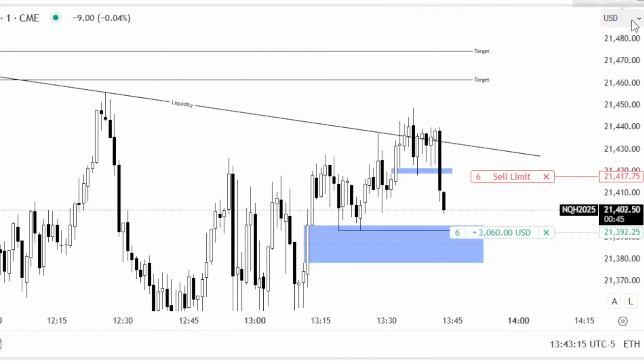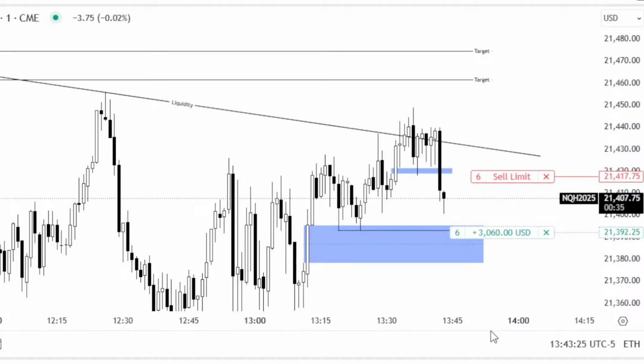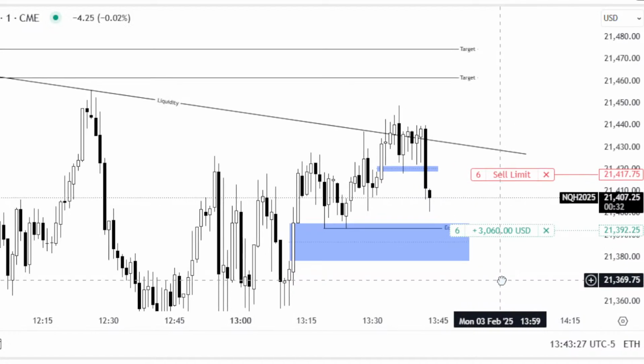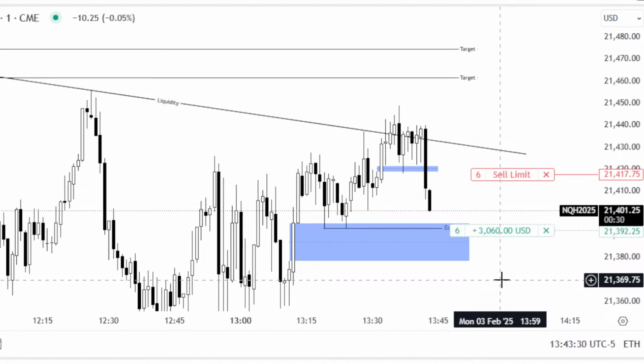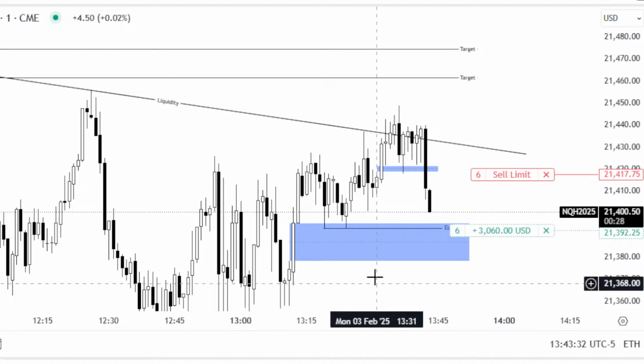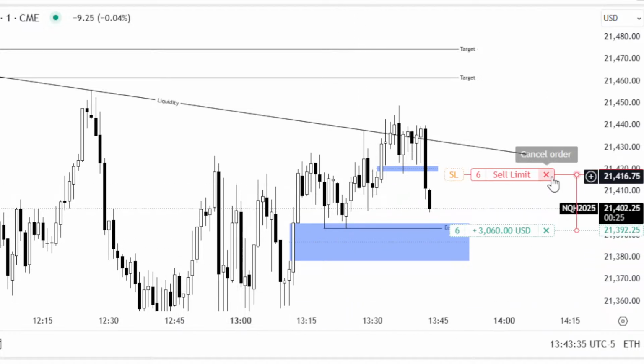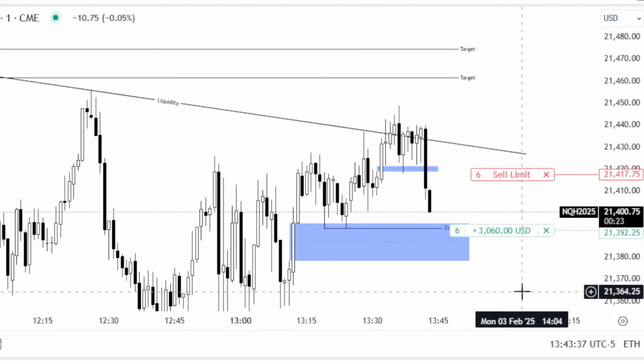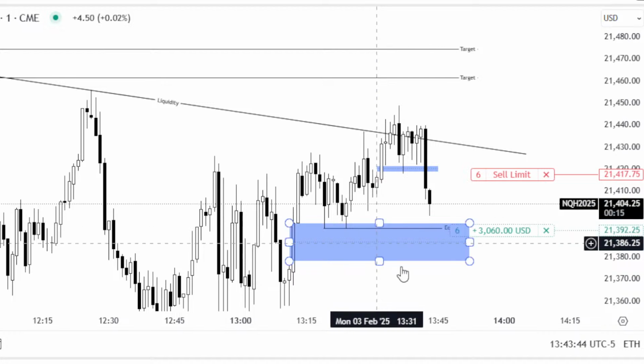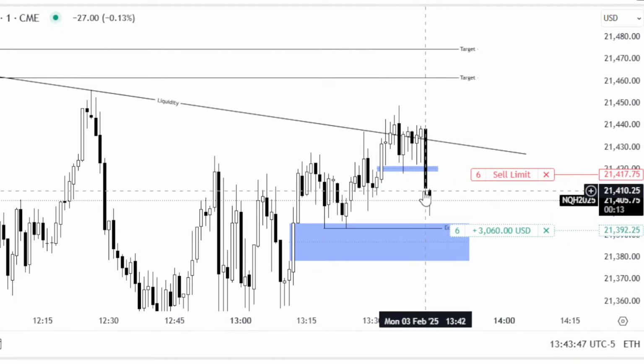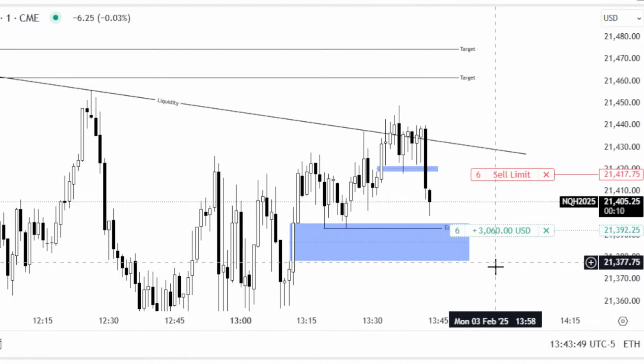If it runs those equal lows, I'll obviously collapse the trade because I've got no expectation then to test after it runs liquidity. You want to see that immediate rebalance and then drop to those equal lows.